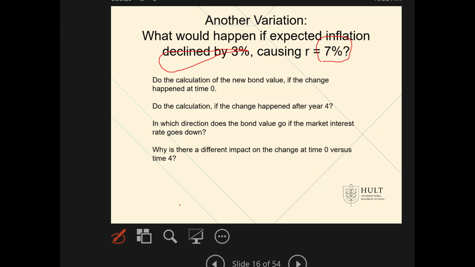The more years that are left with this kind of excess annual interest payment, the fewer of those there are, the less value there is. And in this particular case, the price impact would be very large if it happens at time 0 because you have 10 more years, versus still an increase, but not as large an increase if it happens in year 4 because now you only have 6 years of this excess interest payment.